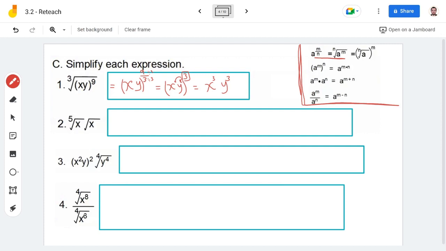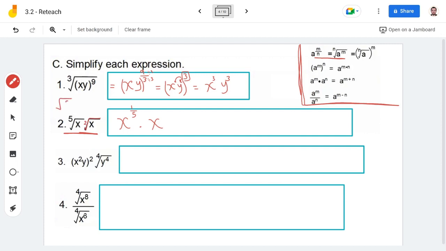Now, let's go to the second one here. As you can see, the question is a radical, so let's convert it to rational. To convert this one to rational, it will be written as x to the power 1 over 5. So this is the first one. Then we have x to the power of... I always told you, when we have a square root, or if we don't write the number, we always consider it as 2.